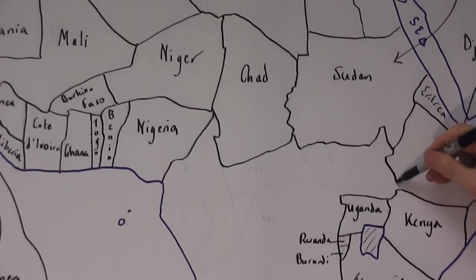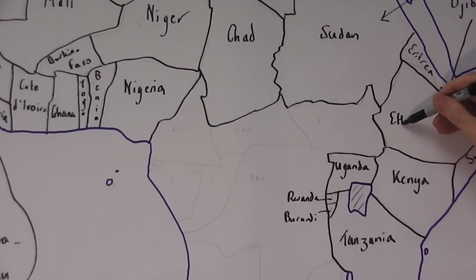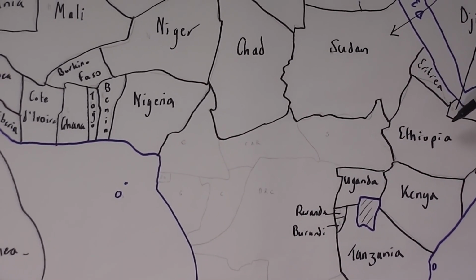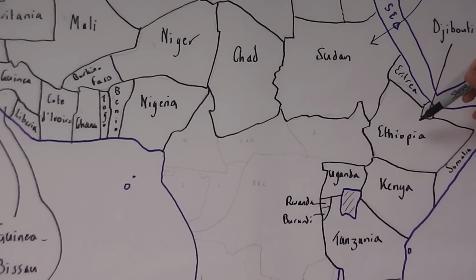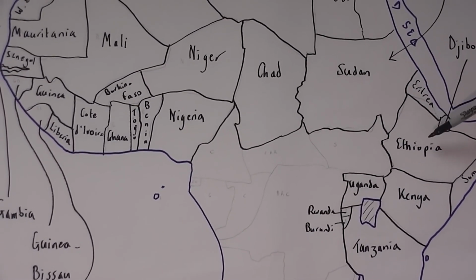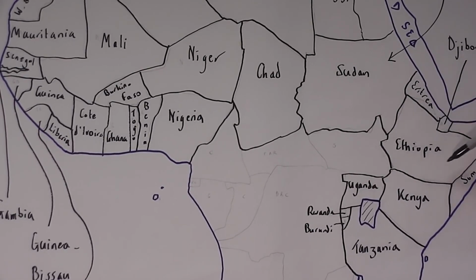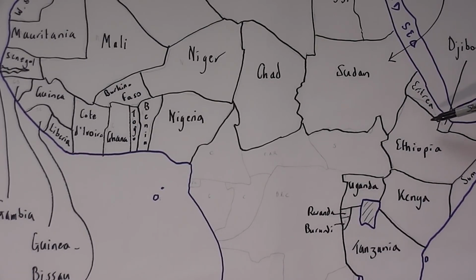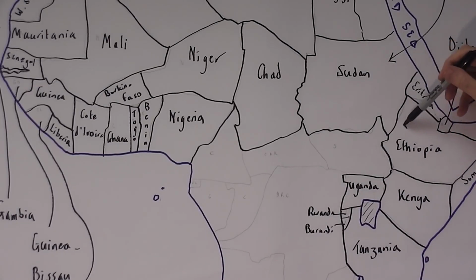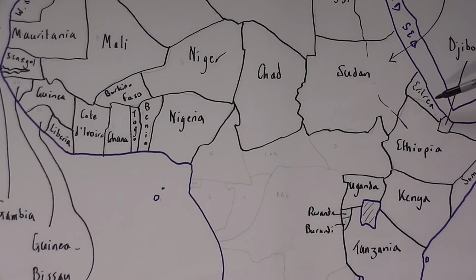And then a large country of Ethiopia. Now Africa is basically a pretty flat continent compared to other continents, but one of the areas of mountains are here, the Ethiopian highlands, where rain falls in the monsoon and flows down to feed the River Nile, going up through Sudan and Egypt.